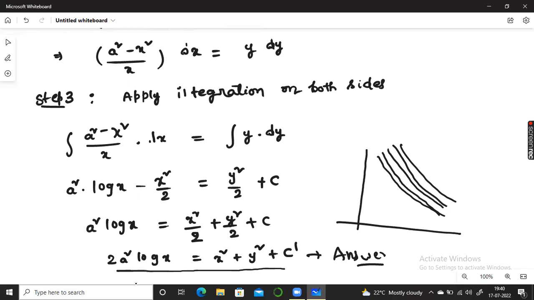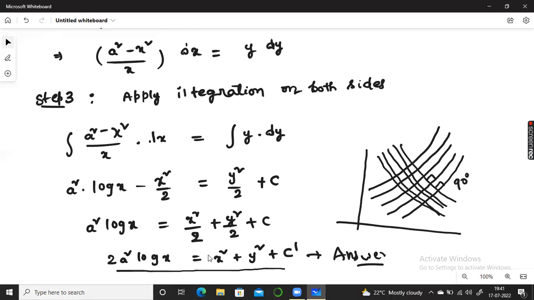That family of curves are like this, which are exactly cutting or crossing the given family of curves at 90 degrees. That is my answer. So this is how you need to find orthogonal trajectories. The name itself tells you: ortho means 90 degrees, trajectory means path.